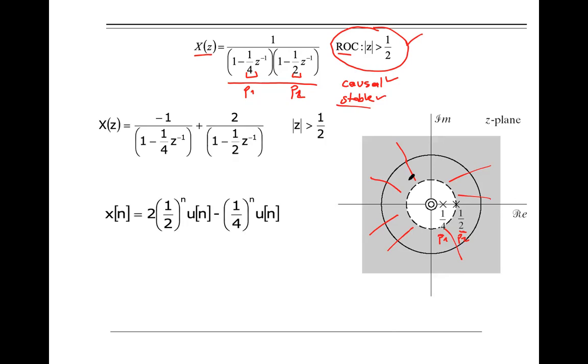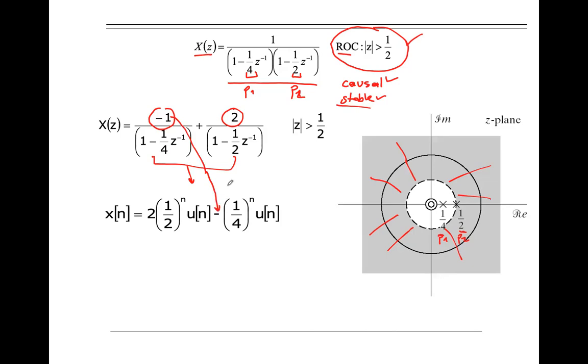If I tell you I did some partial fraction expansion and found -1 and 2 as my coefficients, how do I go from here to there? Inverse Z transform. This -1 goes here.